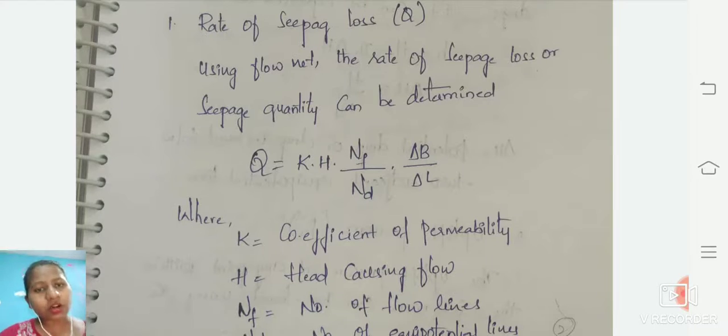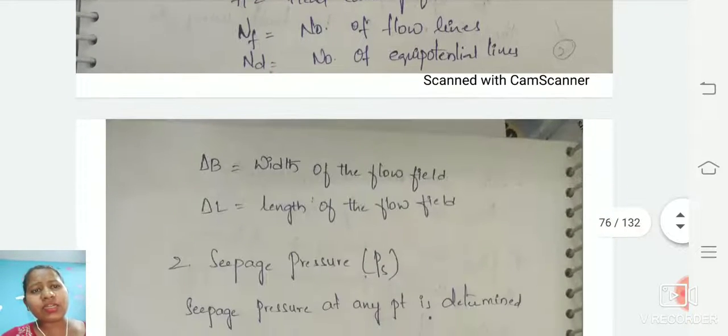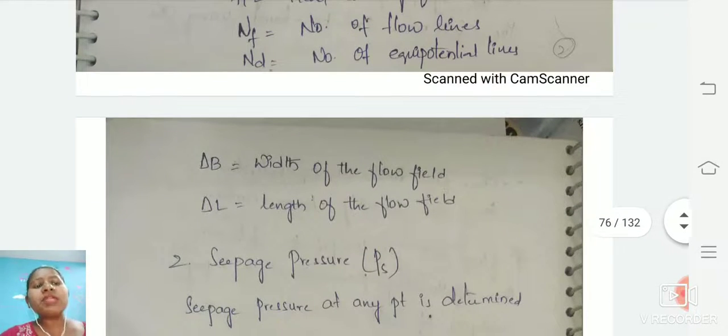N suffix F is how many flow lines there are, and N suffix D is how many equipotential lines there are. Delta B is the width of the flow field, and delta L is the length of the flow field.